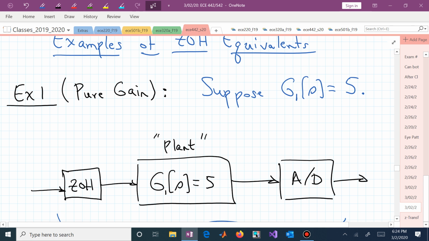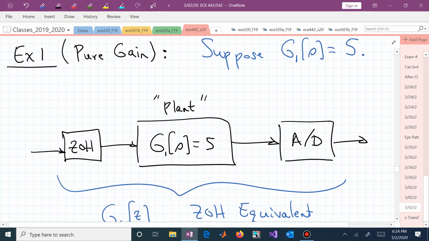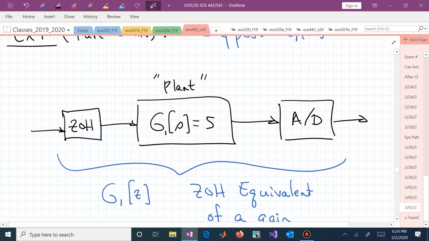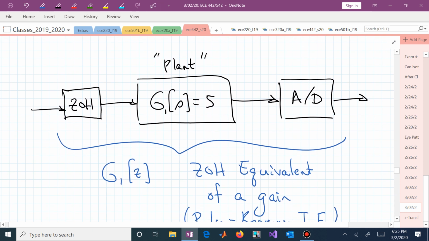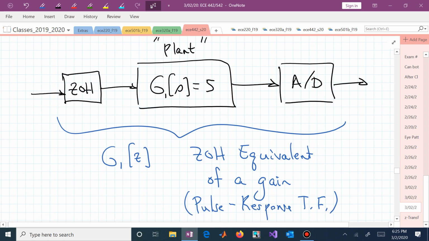If that was a cosine of 2t, the output is going to be 5 cosine of 2t. That's all my plant is doing, is scaling the input signal. What's going to be capital G sub 1 of Z? What's the zero order hold equivalent of a pure gain? What's the pulse response transfer function?